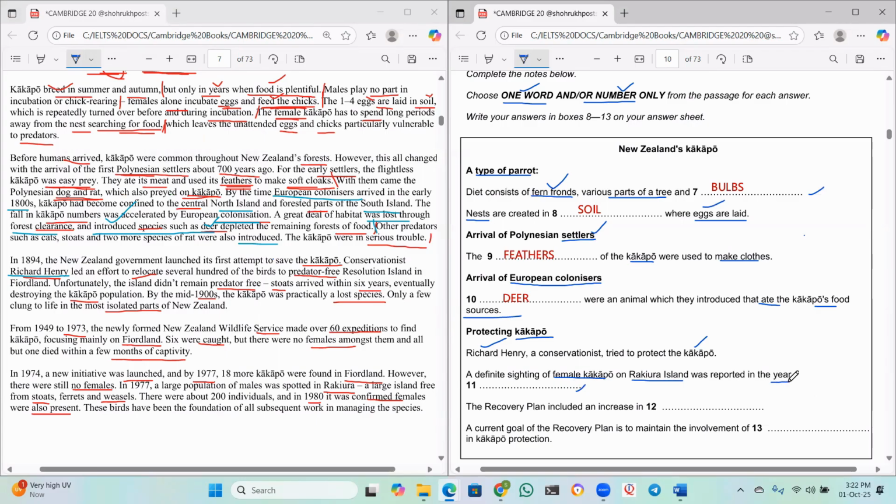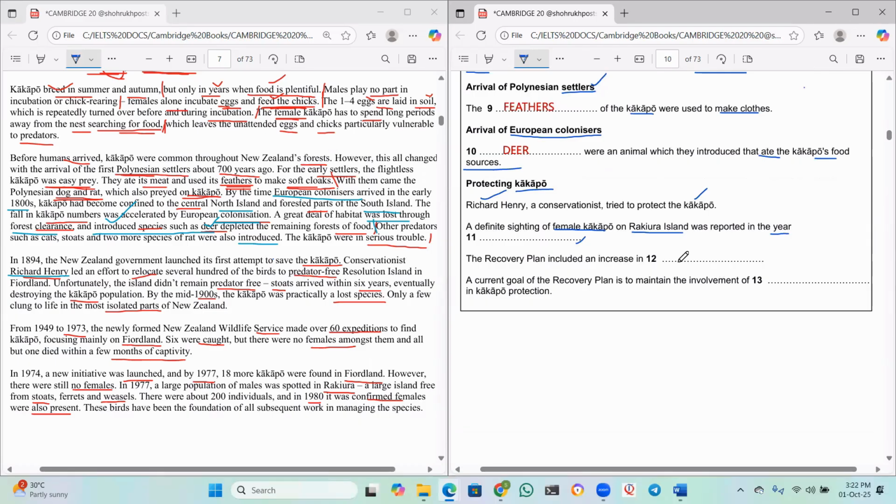He's asking the year here, guys, so we have to write a number. One word or a number is justified here. In which year was the definite sighting of female kakapo reported? Let us read. Where are these years? By mid 1900, Kakapo was a practically lost species.